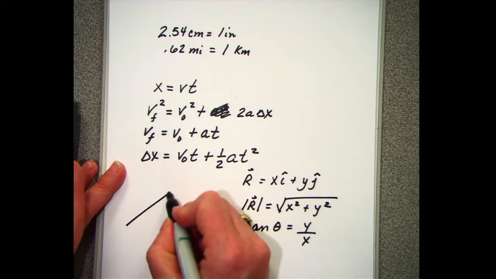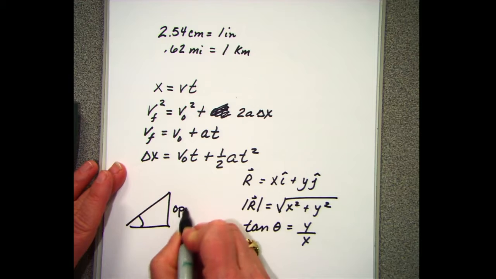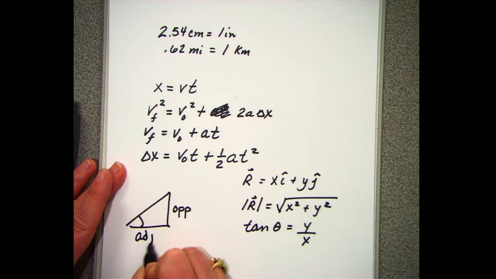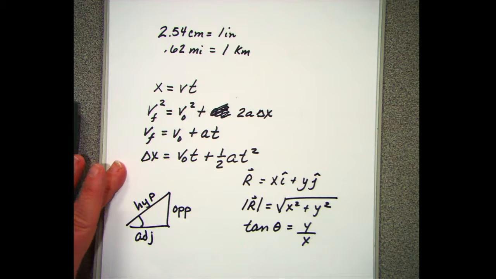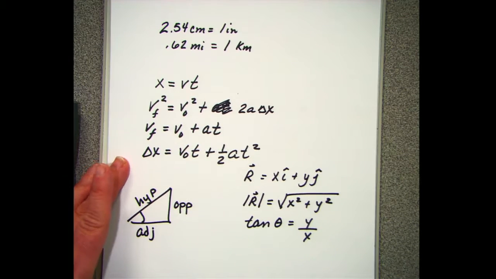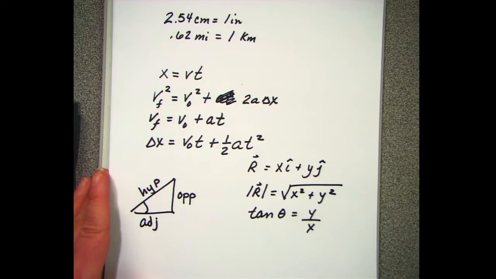And then I probably want to have my triangle just so that I don't get myself confused. And then I can put my cosine and my sine and all of those things in there. So those would be things that I would have on my cheat sheet.